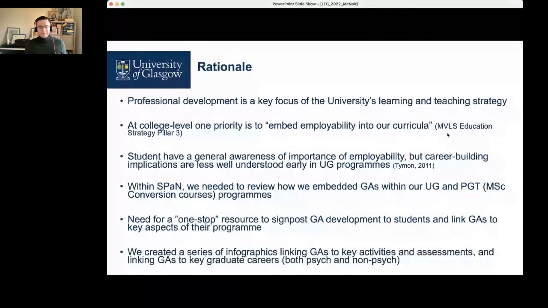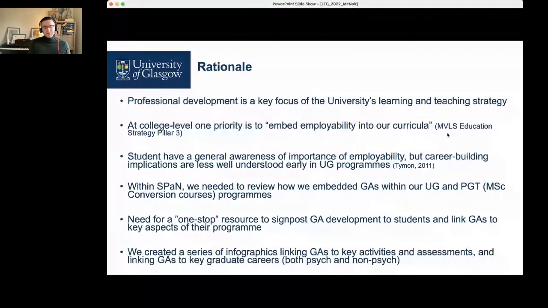So to do this, we created a series of infographics for our undergraduate students and a separate series for our conversion students, which link graduate attributes to specific aspects of their courses, some activities and assessments within their courses, to show them where and how they're developing these things, and linking those graduate attributes to key graduate careers so that they can see the long-term value in terms of their career planning.